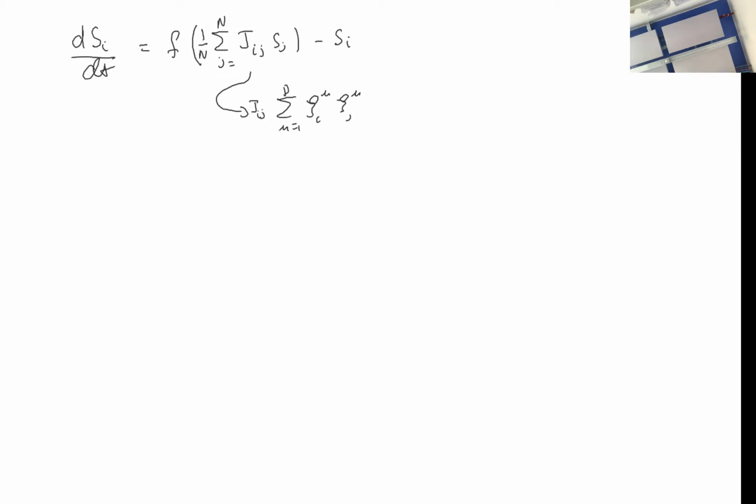So same model, but now we have this function f of x. We're going to use tanh x, but for now we'll leave it general. And that's very different. Remember, tanh x looks like this.